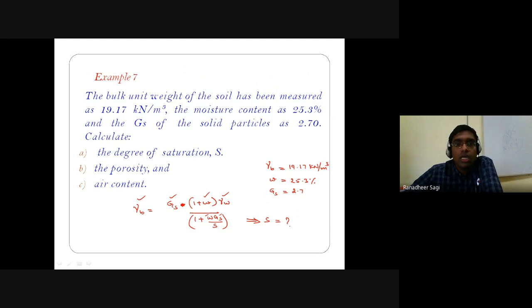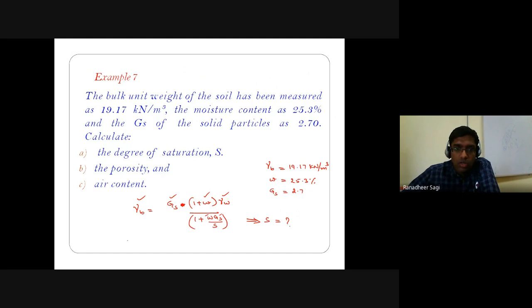Next is the porosity value. Okay, so we can subsequently go ahead in seeing how to calculate your porosity, knowing what is the void ratio of that particular soil. So how do we calculate the porosity? First, I should be calculating what is your void ratio. How do I calculate the void ratio?